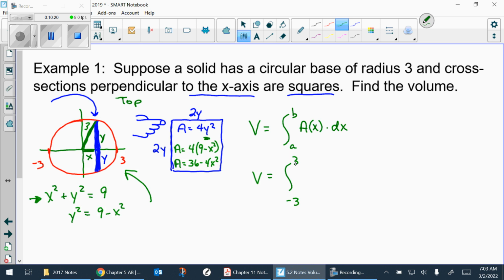What is the area in terms of x's? 36 minus 4x squared. That's the area times the thickness, which is some very small change in x. And once we set up the integral, it's calculated.